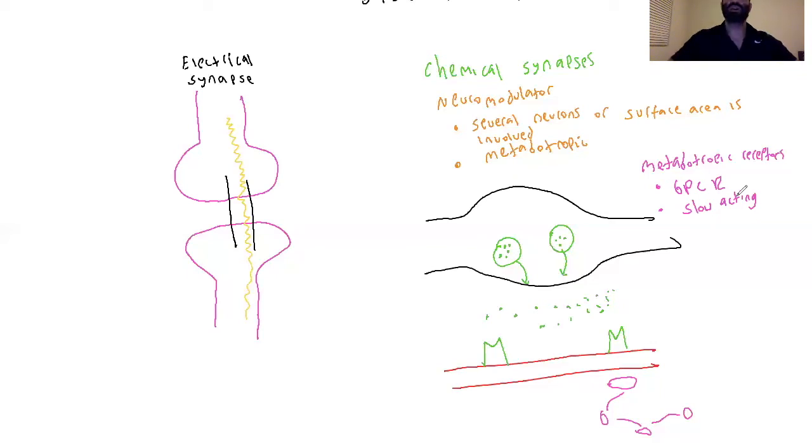All right, so now we're going to talk about types of neurotransmitters and neuromodulators. One that we're going to be talking about a lot, and this is one of the most ubiquitous in the body, is what we call a small molecule neurotransmitter.